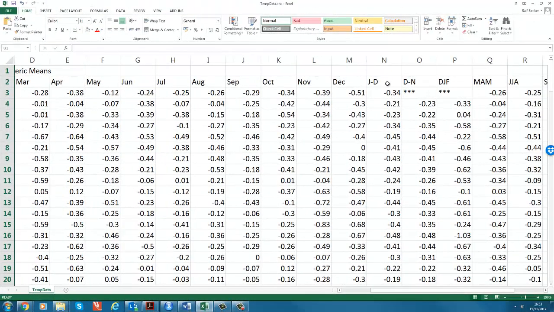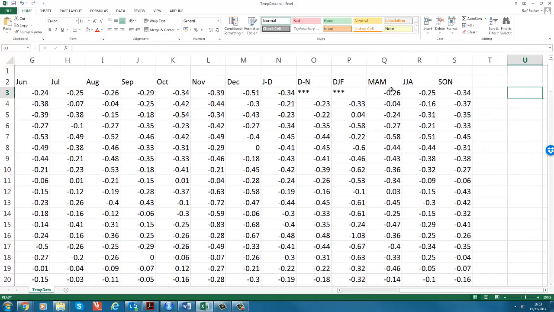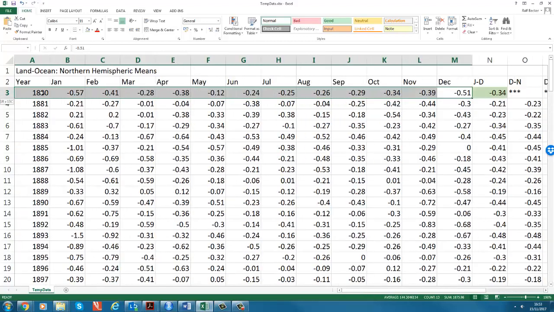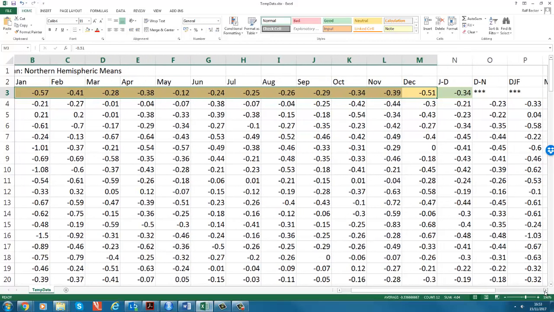So lastly, J-D, January to December, is therefore most likely the annual average. So we will now compare January to December and see whether that is the average of all these 12 months.